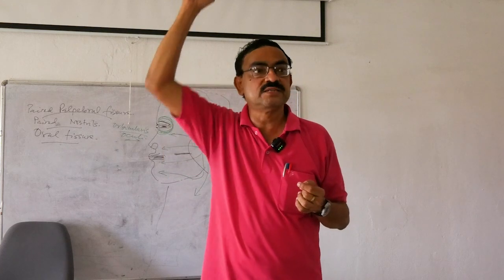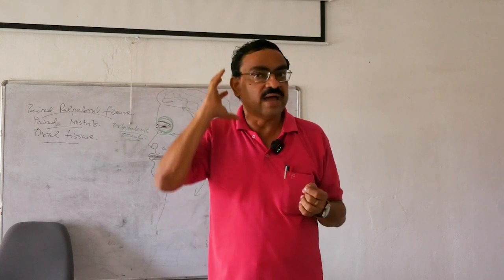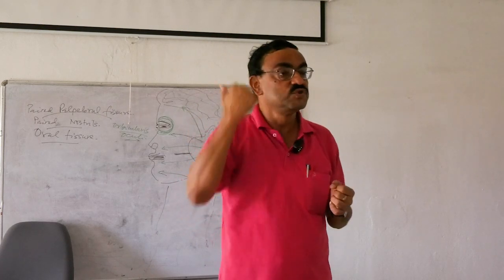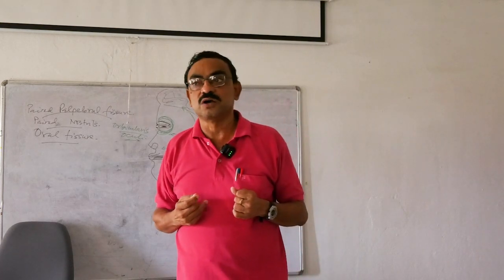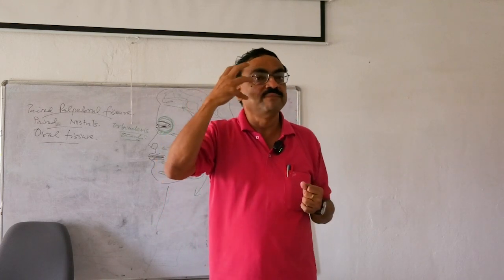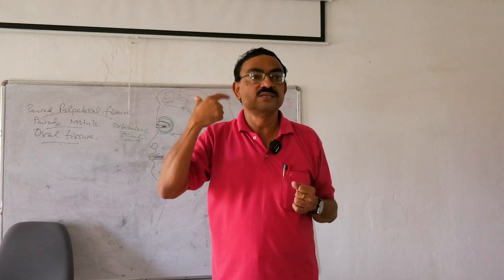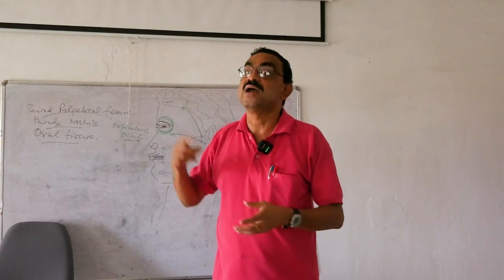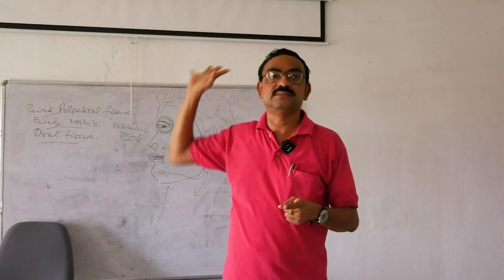We will get a hectic rise of temperature, and there is toxemia, and the patient may die, even go into septic shock. Ultimately the eyes might be affected, and orbital cellulitis can give rise to blindness.